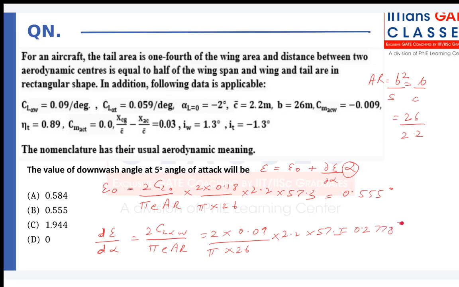Now you plug it into this equation and you get 1.944 degrees. Okay? Alright. Now let's just look at the next question.